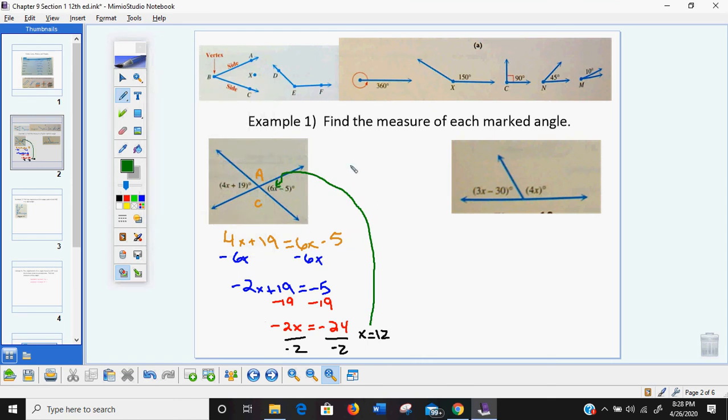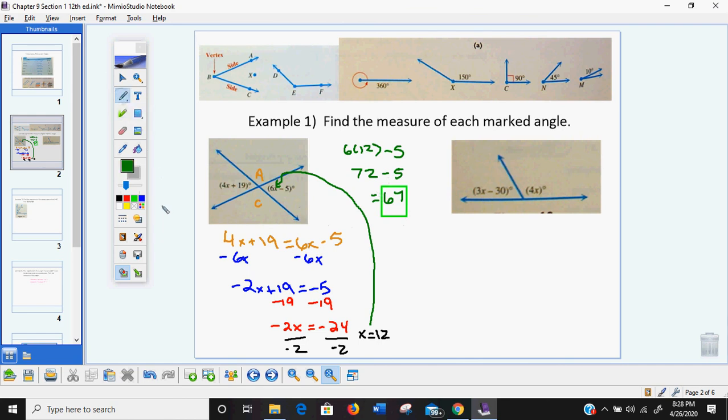So I'm going to have 6 times 12 minus 5. Now 6 times 12 is 72, and 72 minus 5 is going to give me 67. So the measure of each angle would be 67 because we know they're equal.